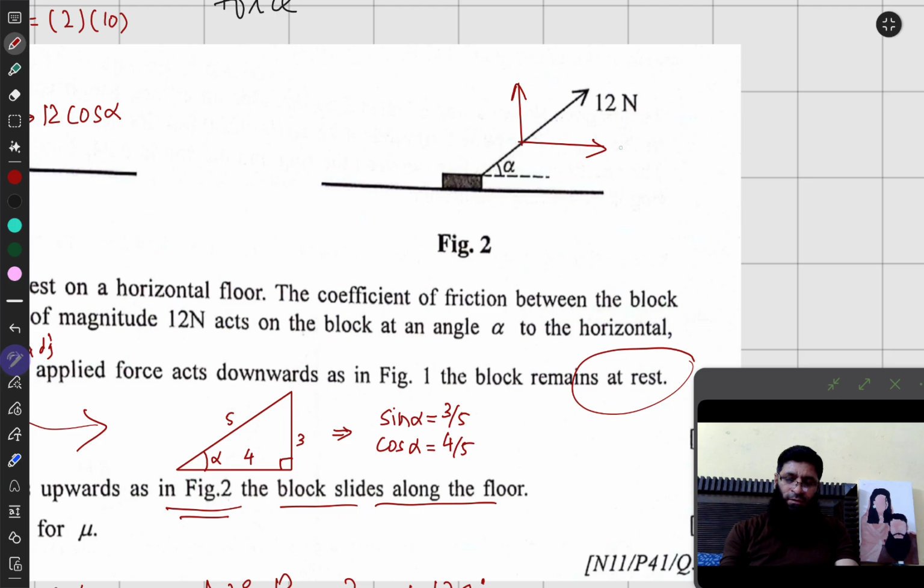So you will have 12 cos alpha for this component and 12 sine alpha for this component, and you have R and weight for this object, and plus again the object will be moving forward, so the force of friction will be backward.